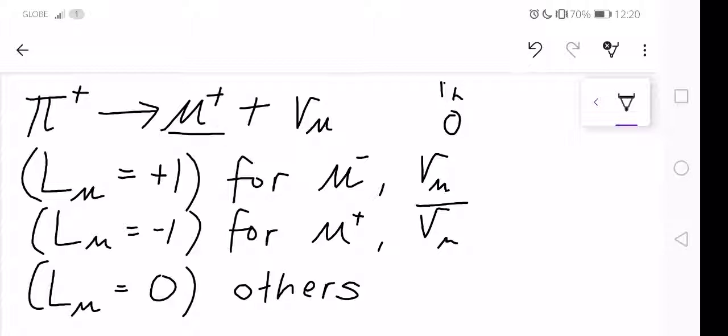For the muon plus, we have minus 1. So the final muon lepton number has minus 1, and then the muon neutrino has positive 1. So in this interaction, the muon lepton number is conserved.